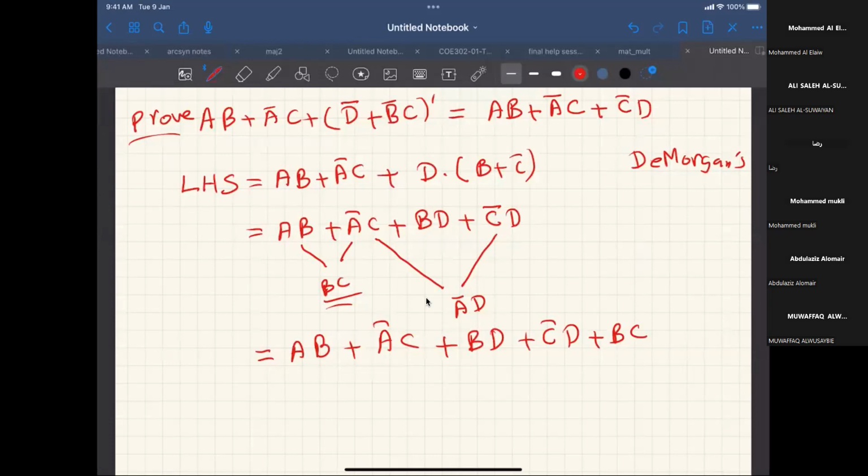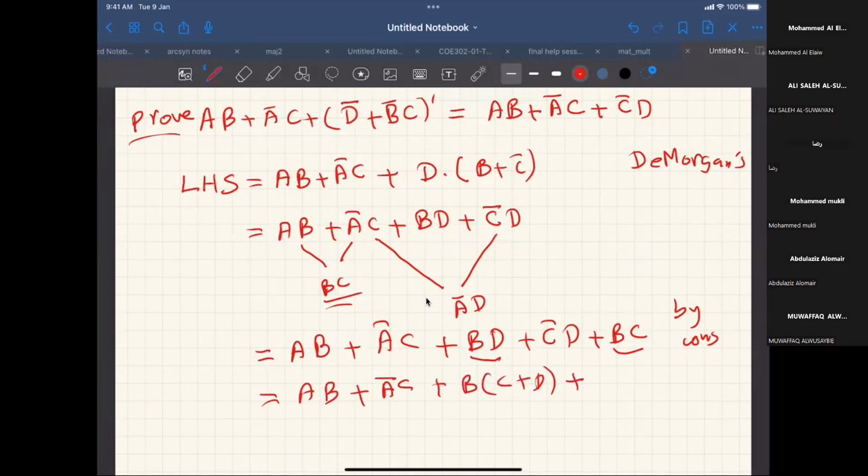Did I make a mistake in the complements or something? No, I think it's right. Okay, so now this is by consensus. Now this is going to be AB ORed with A complement C. Now we take B as a common factor by distributive law, C or D, right?